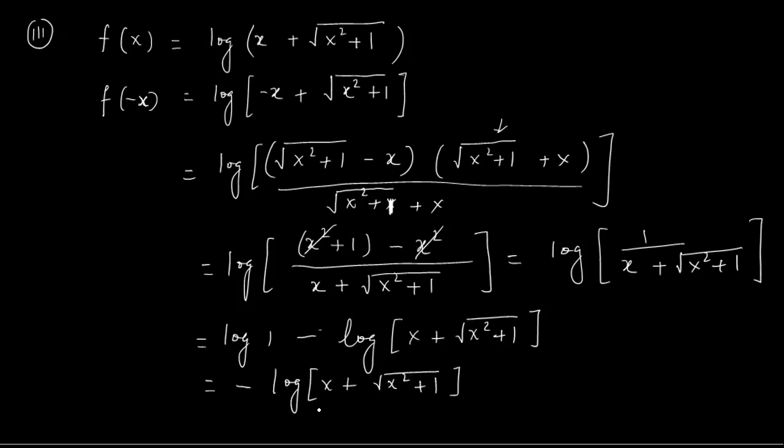And this is our original function. So basically, f of minus x equals negative f of x. So this function is an odd function.